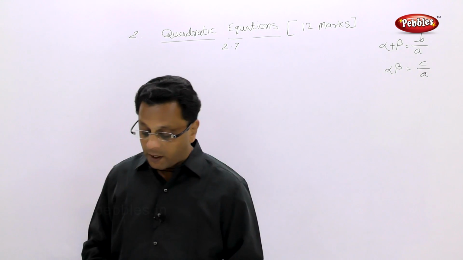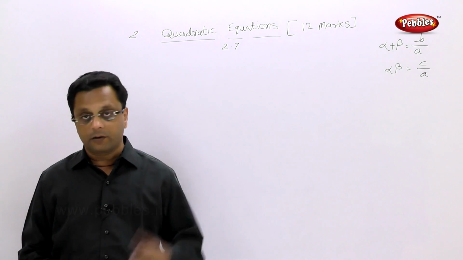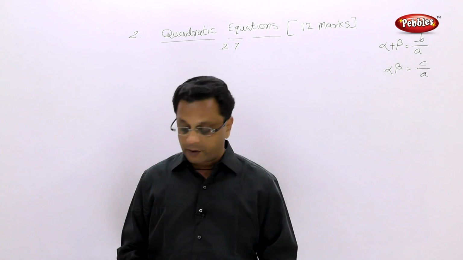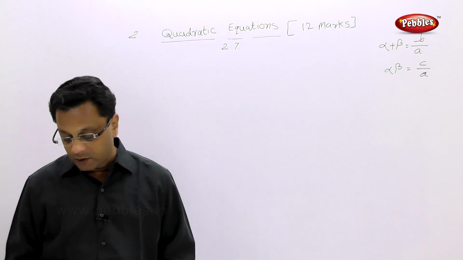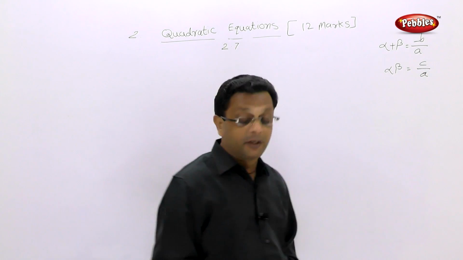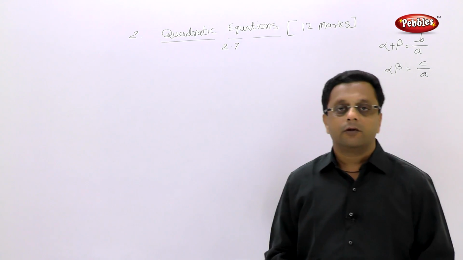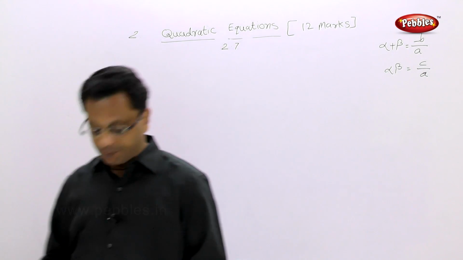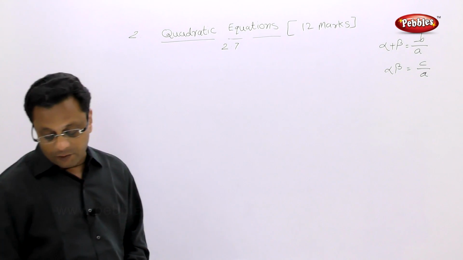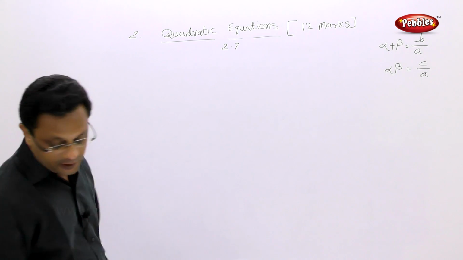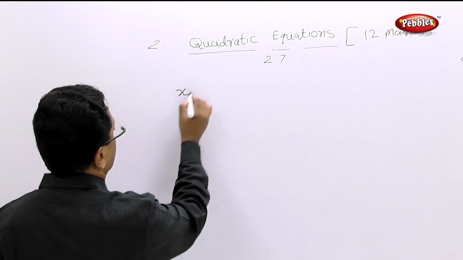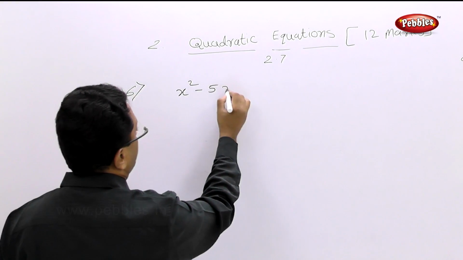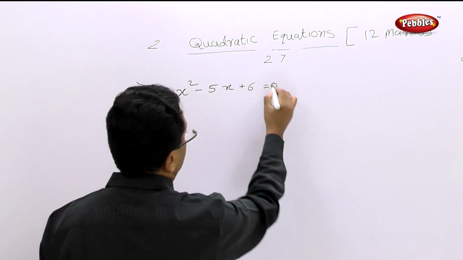If alpha and beta are the roots of the quadratic equation given, find alpha square plus beta square and find alpha upon beta plus beta upon alpha. We have solved a similar example, but let's discuss this also. The given quadratic equation is x square minus 5x plus 6 equal to 0.